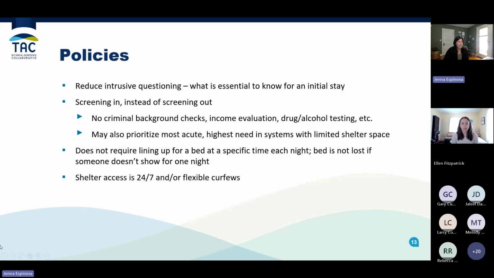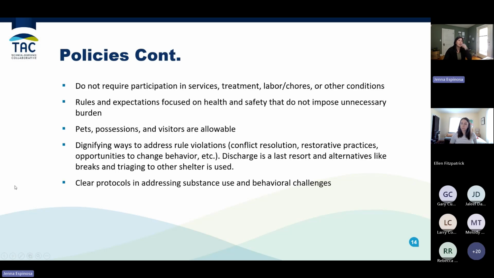Any other questions? Okay. So some more policies that we've seen in low barrier shelters. This is very important and very common. Not requiring participation in services or treatment. One requirement that we don't talk about as much, though, is this requirement to contribute labor or chores in order to stay there.